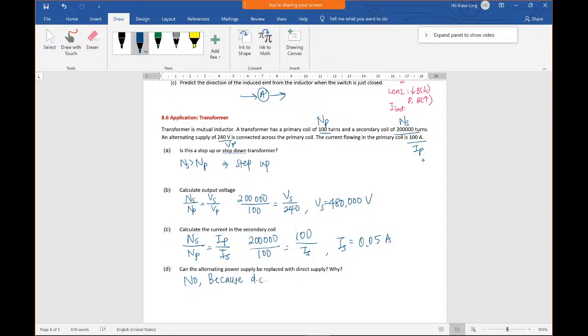Direct current cannot supply constant, or direct current only. Direct current, constant value of current.